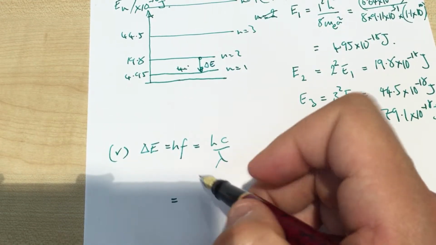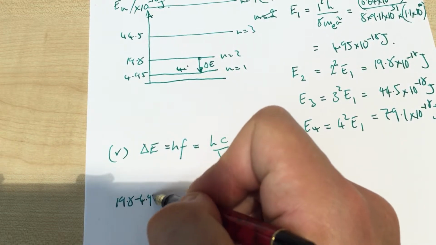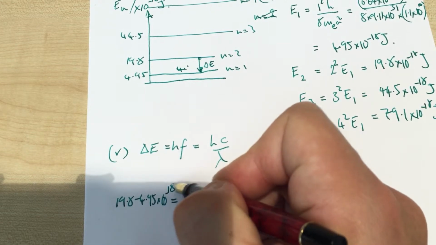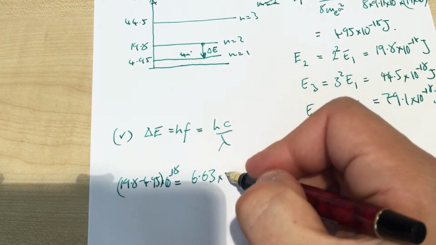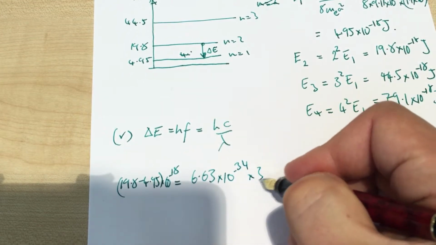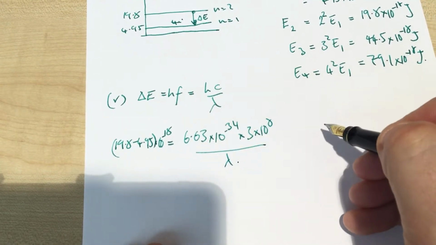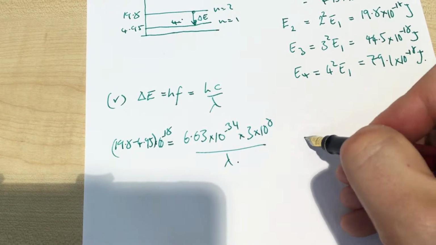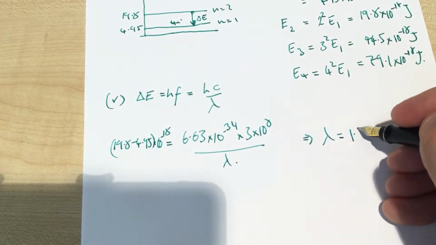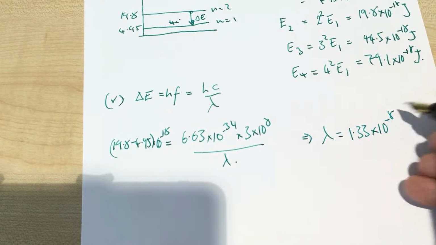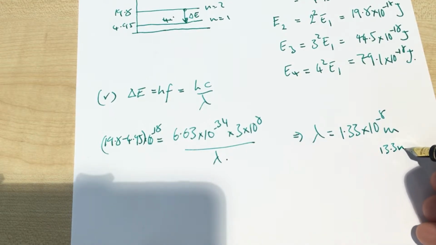Well, I have 19.8 minus 4.95 times 10 to the minus 18. That gives rise to 6.63 times 10 to the minus 34, times 3 times 10 to the 8, divided by my wavelength. When you plug that in, my wavelength is 1.33 times 10 to the minus 8 meters, which is about 13.3 nanometers.